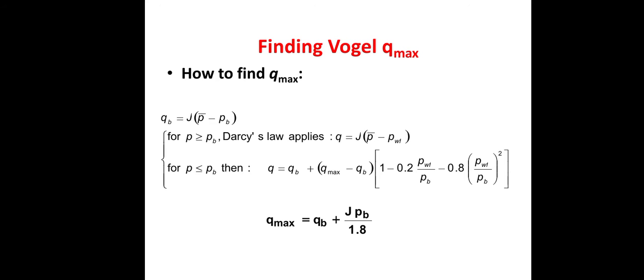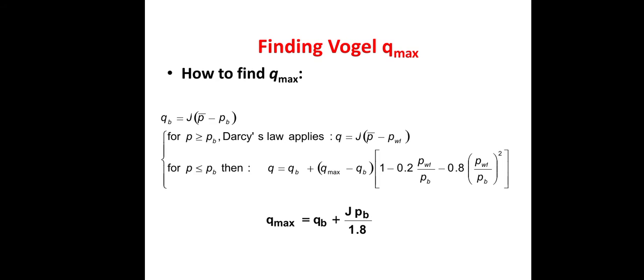To plot the Vogel, the only thing you've got to do now is to substitute the different values of the pressure which are given, in order to get the Q at each point, from which you plot your Vogel.